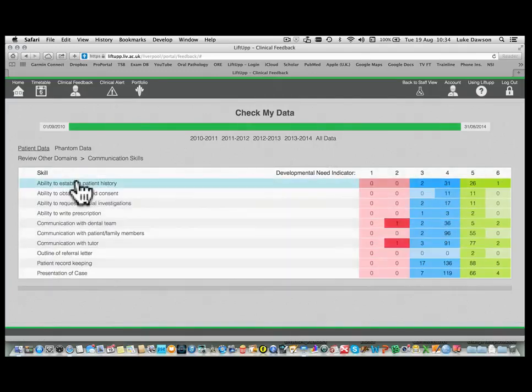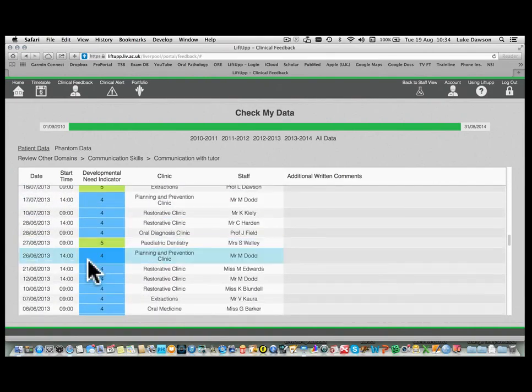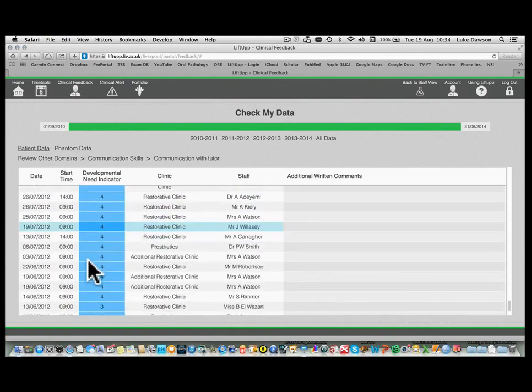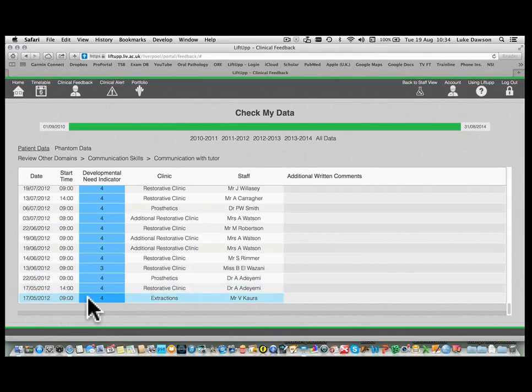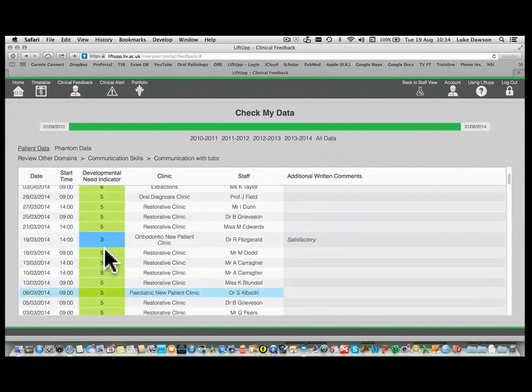If we click on communication skills, you can see the various things that staff have given feedback on: establishing a history, informed consent, communication with the dental team, communication with the tutor, etc. If you click on one of these, that will open up, and you can see every single episode that has occurred, when it occurred, what clinic it was on, which member of staff it was, and what level of support or feedback the member of staff was giving.